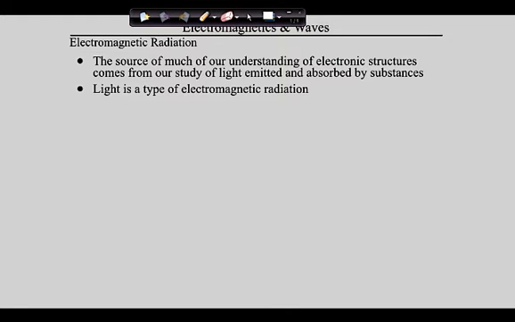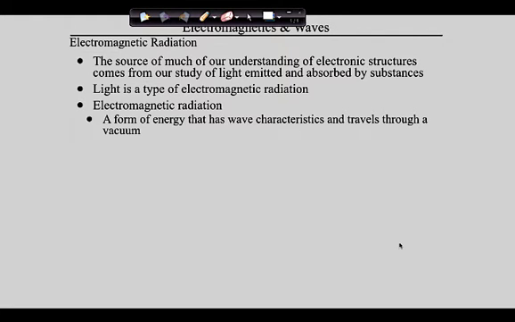So light is one type of what we call electromagnetic radiation. Electromagnetic radiation is a form of energy that has a wave characteristic, and it travels through a vacuum, which is fascinating. It doesn't require a medium through which it transfers.